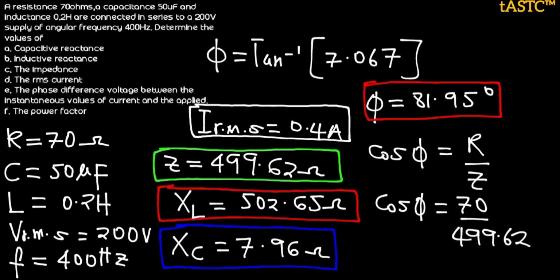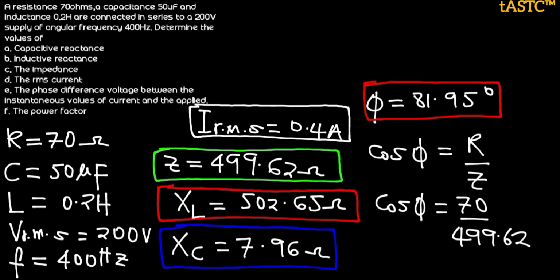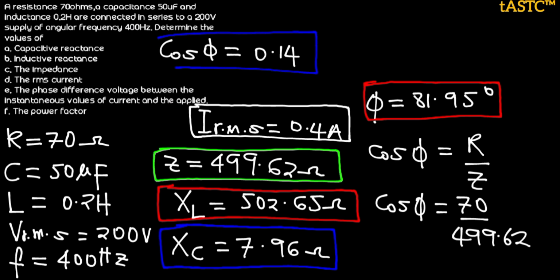So let us see what that is going to give. So that gives us 0.14. So 0.14 is going to be the power factor. So you need to hold these at the back. These are going to be the answers for this question.